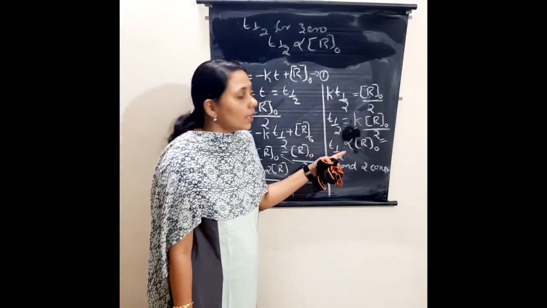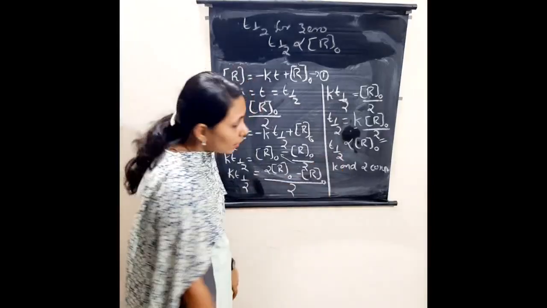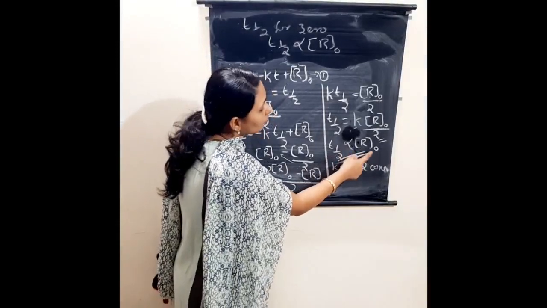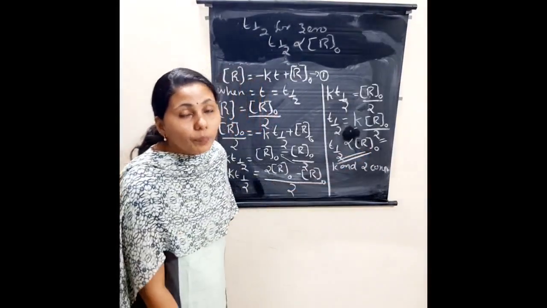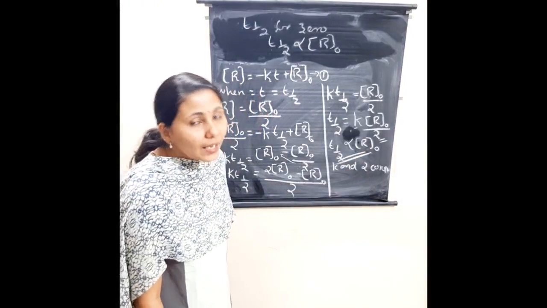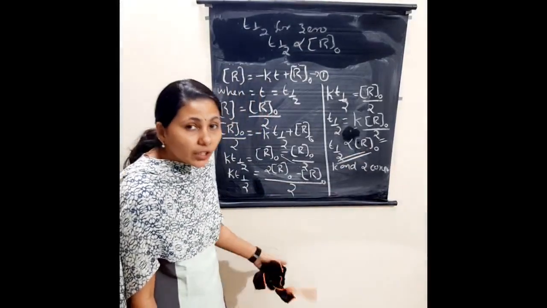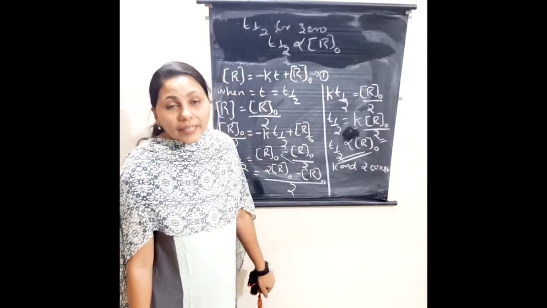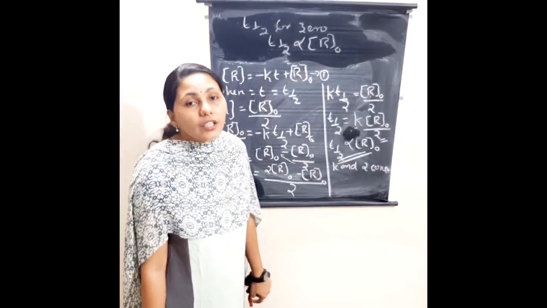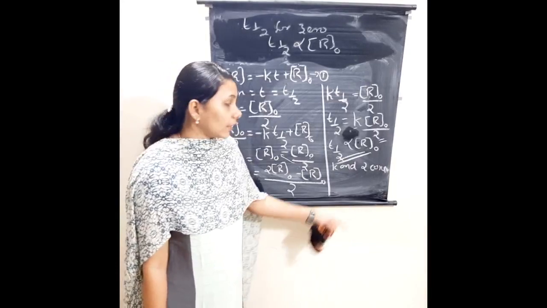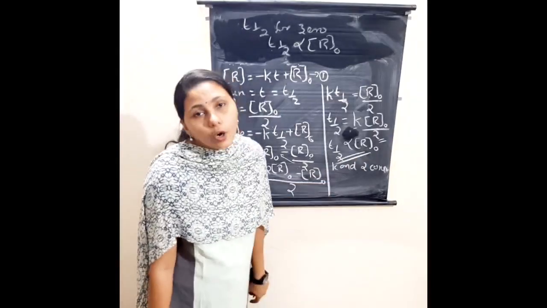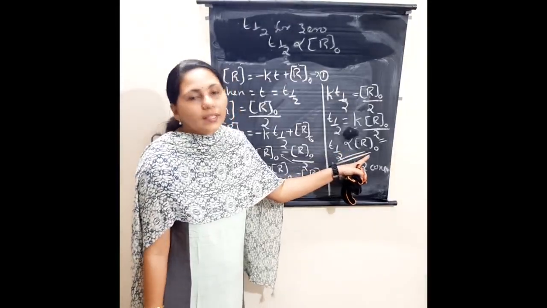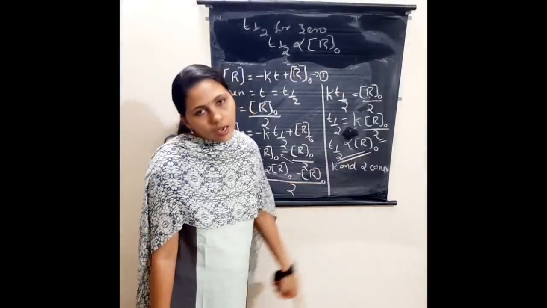So here we can see that T half is directly proportional to R0. What is R0? The initial concentration of the reactant. So for a zero order reaction, the half life is directly proportional to the initial concentration of the reactant, R0.